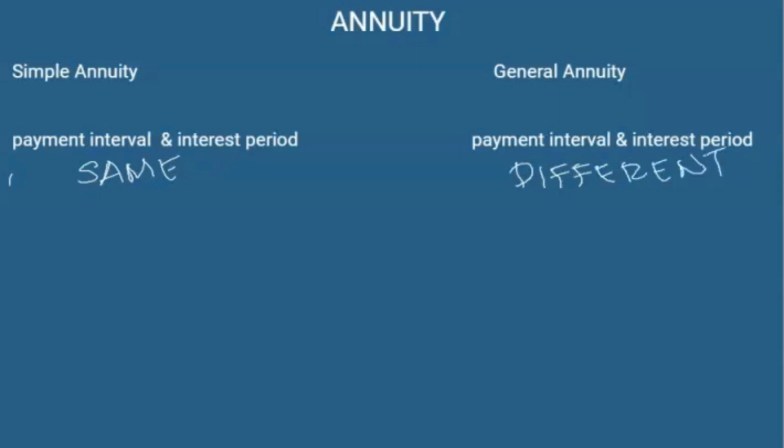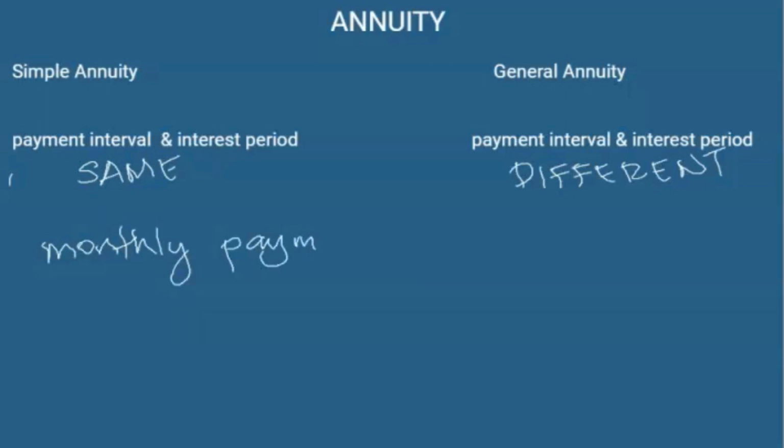So for example, you want to buy a house or a condominium and you want to pay it every month. So you'll give a monthly payment.